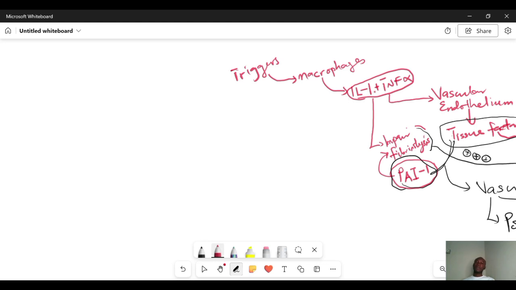So we noted that they stimulate the vascular and endothelial cells and cause the release of tissue factor, and they also impair fibrinolysis. What else is interesting about them?